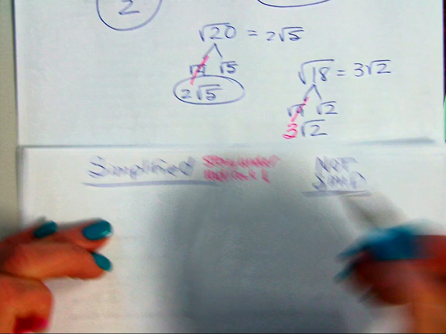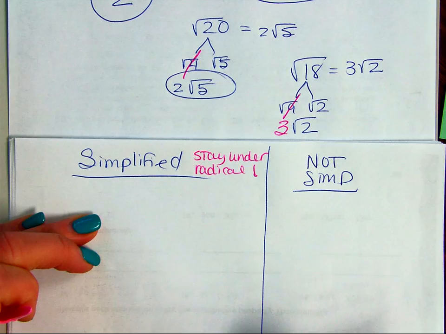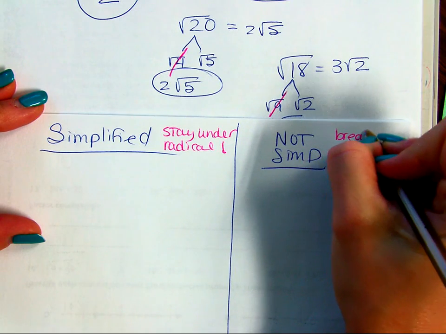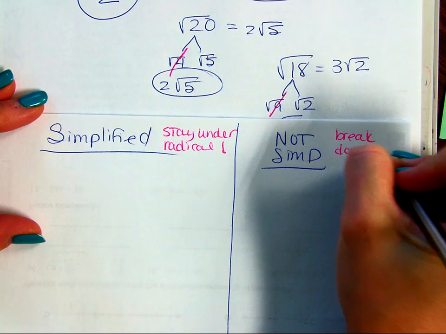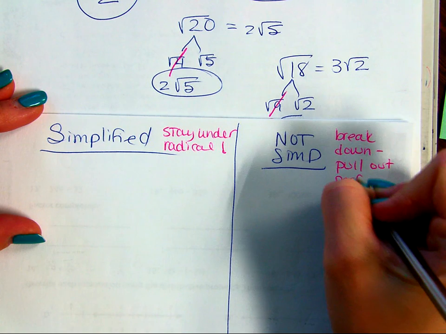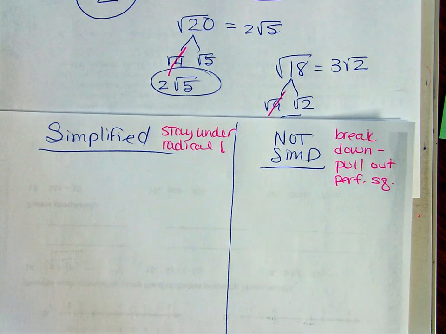And if it's not simplified, it means you need to start breaking it down and pulling some things out. Perfect squares. I feel like as soon as we make this list, it'll get clear to you.